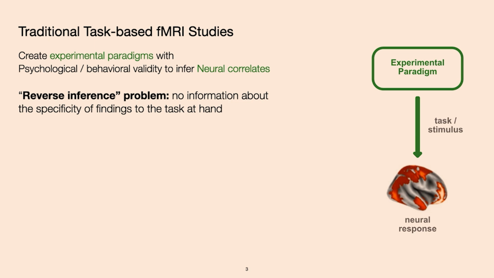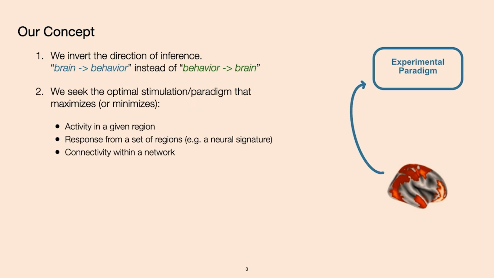What we propose here is an alternative. So instead of going from the experimental paradigm to the neural correlates, we do the reverse. We go from the neural correlates to the experimental paradigm. And what does this mean? This means that we generate or find the optimal stimulation or paradigm that maximizes or minimizes the activity in one region, a response from a set of regions, or maybe also the connectivity within a network.